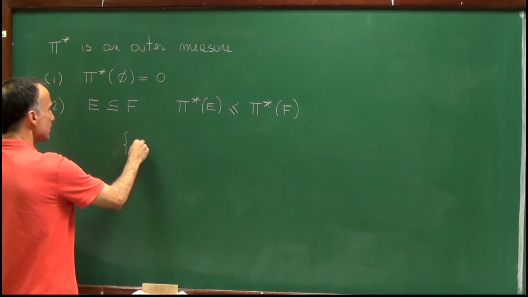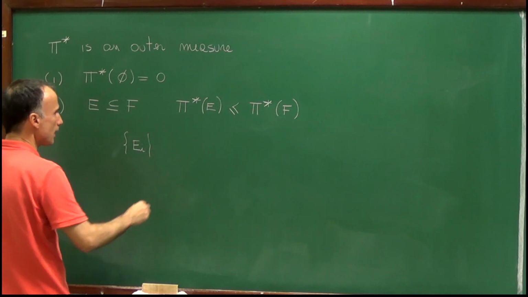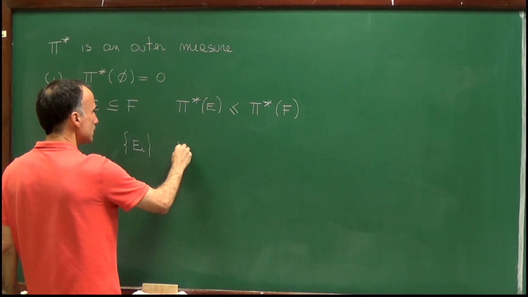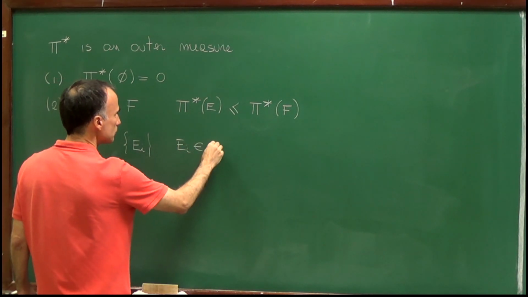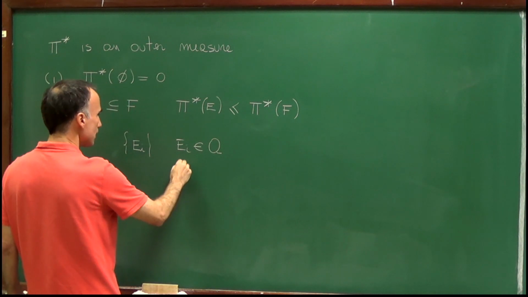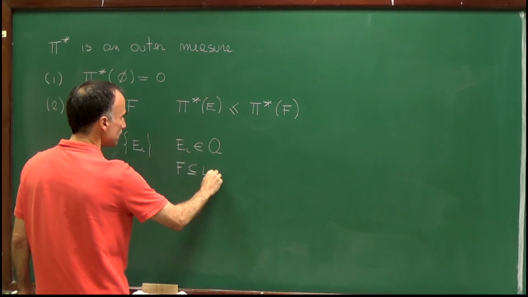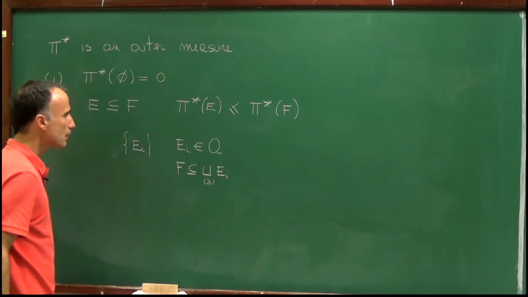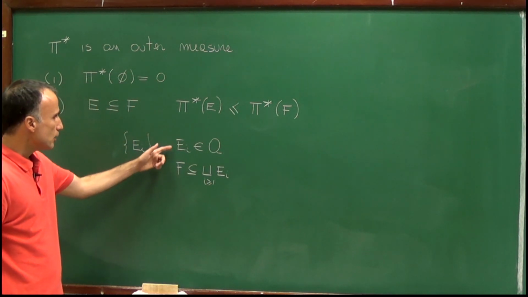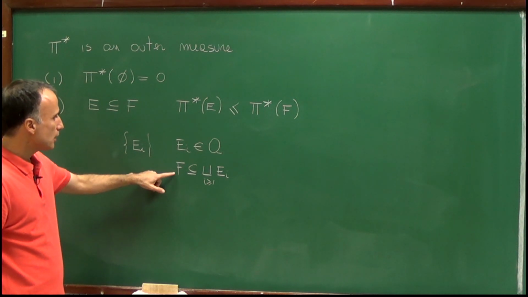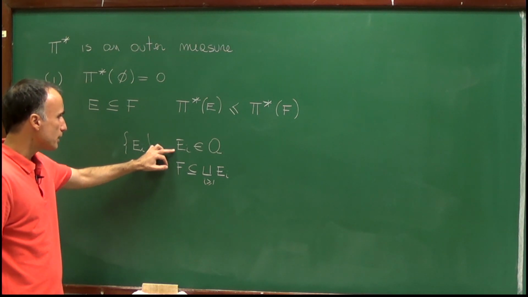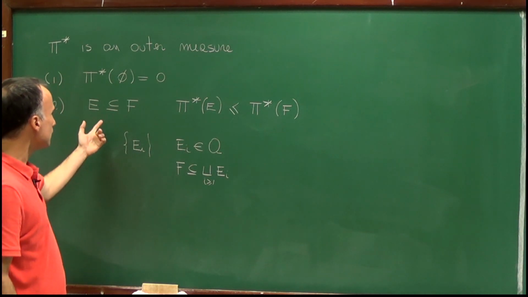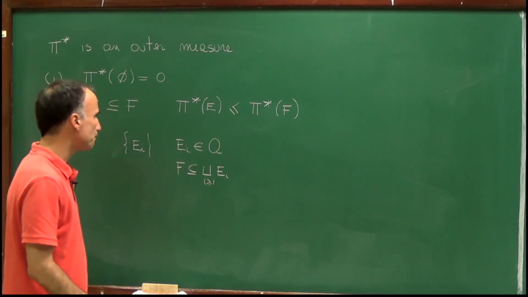Let's take any covering EI of the set F. This means that these sets EI belong to the algebra, and that F is contained in the union of EI. Well, any covering of the set F is also a covering of the set E, because F contains E.